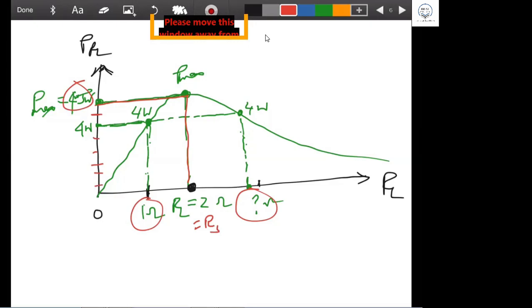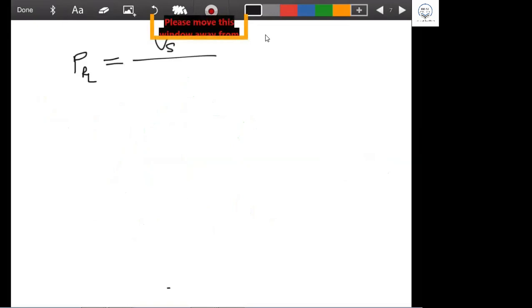Yes, sir. Now we got 1 ohm gives you 4. We can see here this 4 watt we can get for another resistance. And what is that value? Question is how to find it. We can find it from our PRL equation, the basic equation: Vs square over (Rs plus RL) whole square, into RL.